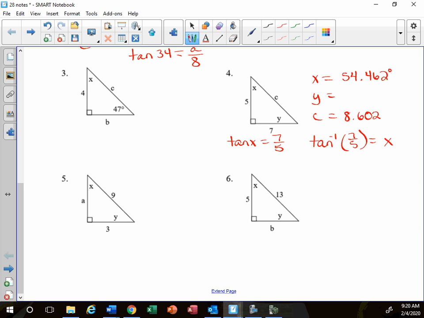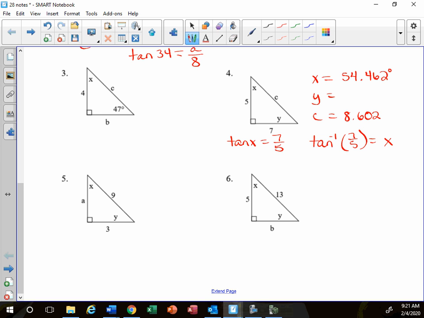Are you getting 54.462 degrees? Anybody trouble on that?